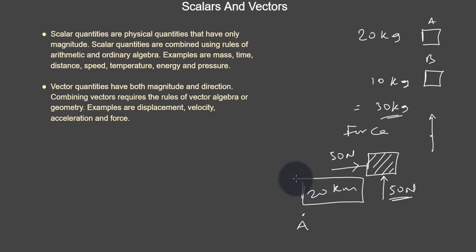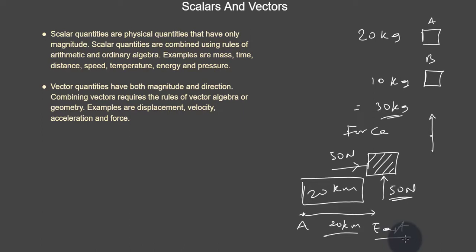Now, if you want to know where the person would be, then you need to go beyond telling me the magnitude. You need to tell me the direction. Let's say this is a reference point, and I told you this person moved east and covered a distance of 20 kilometers. Now you've given me two pieces of information: 20 kilometers east.